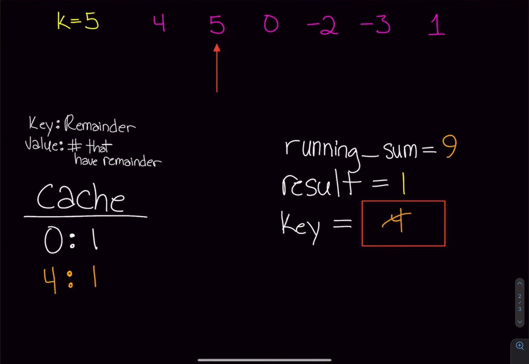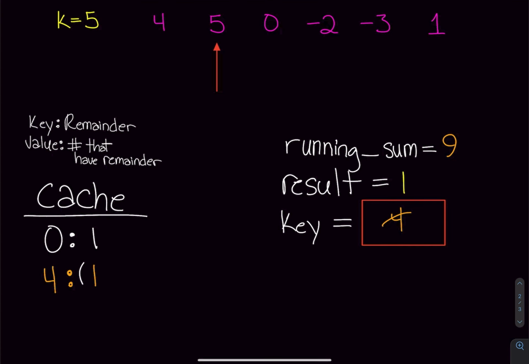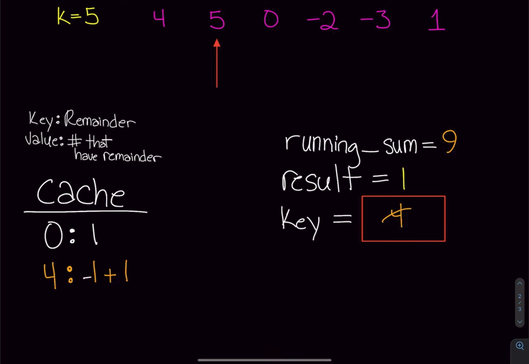Now, since we saw that it was already in our caching system, we have to increment this value by 1. So we're going to add 1 to it and we're going to get 2. All right, so now we're going to empty our key because we're going to go to the next number. Now it's 0. So our running sum is still going to be 9, because if we add 0, it's going to be 9.